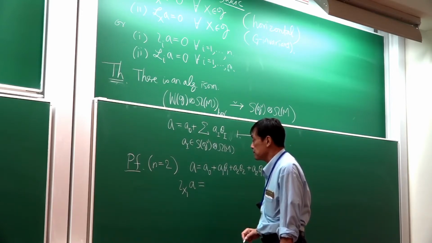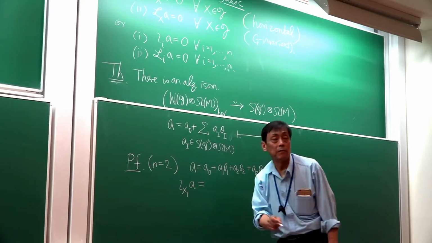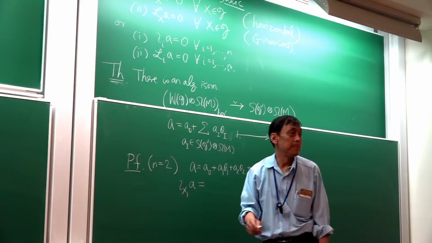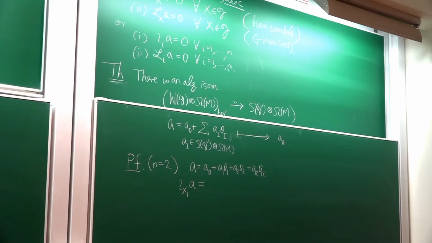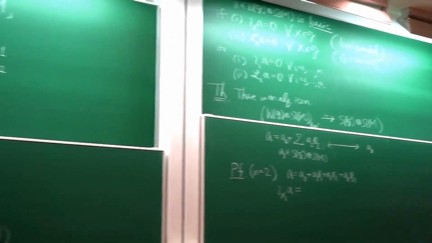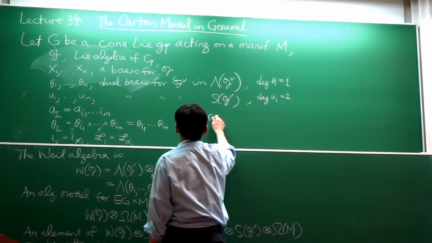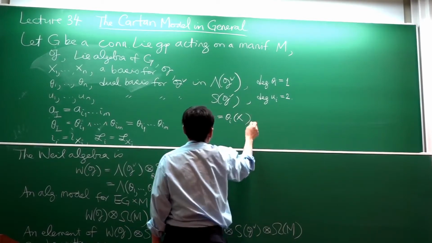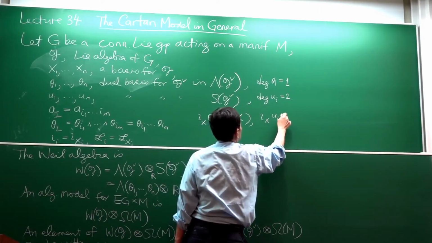Now, what's Ix1 of A0? 0, right? Because you recall that Ix of any theta is theta applied to x, and Ix of any u is 0.